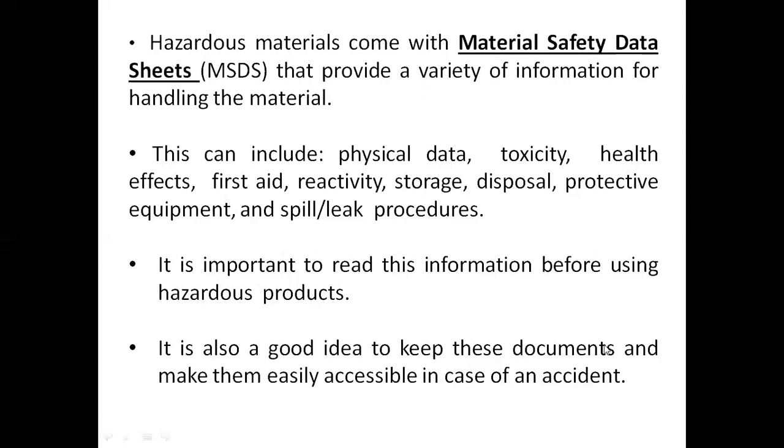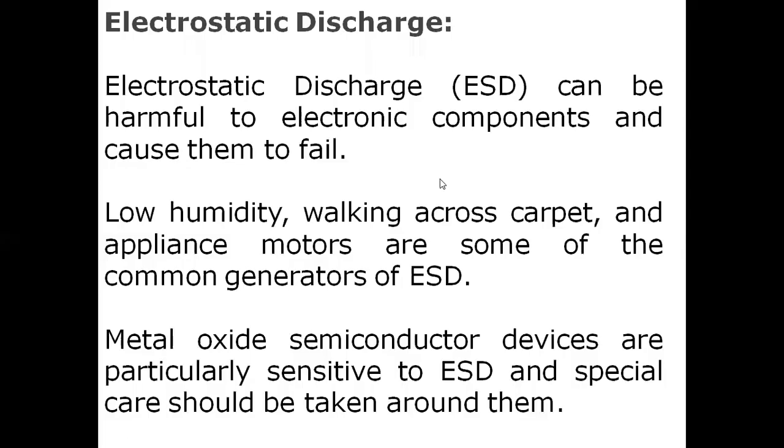If some accident happens, you can refer to this to sort out the problem that occurs due to hazardous material, because this sheet contains all hazardous materials, what problems can be faced, and what the possible solutions are. So if you have the MSDS document, if something happens, you can sort out that problem with the help of this document.